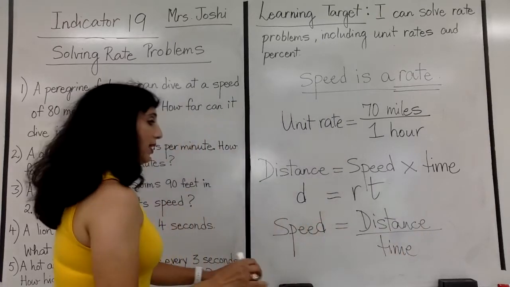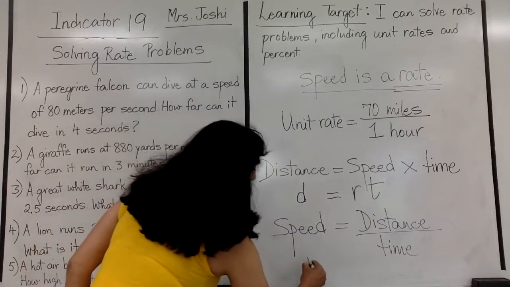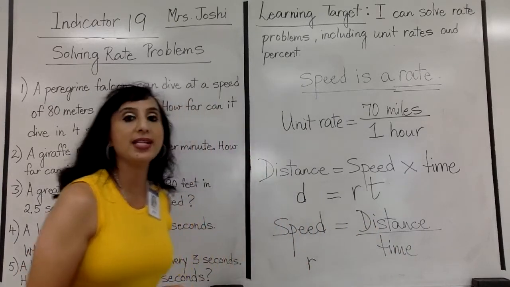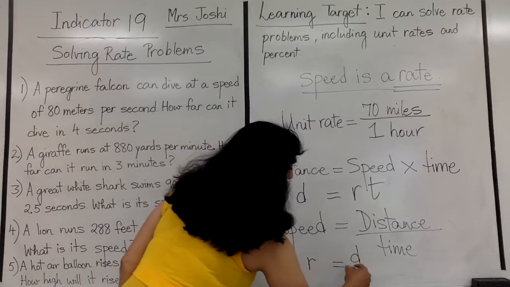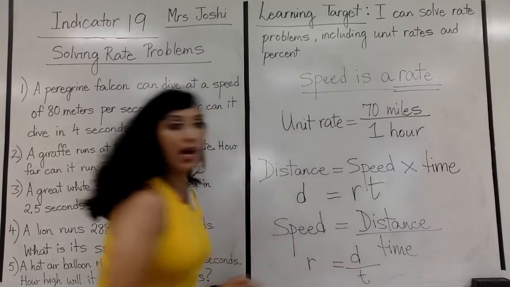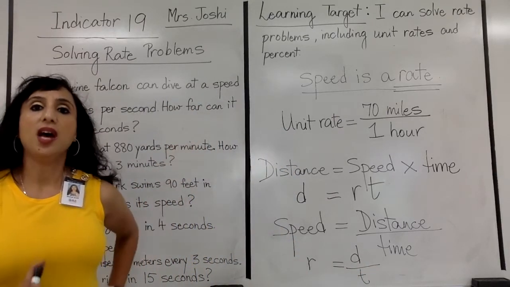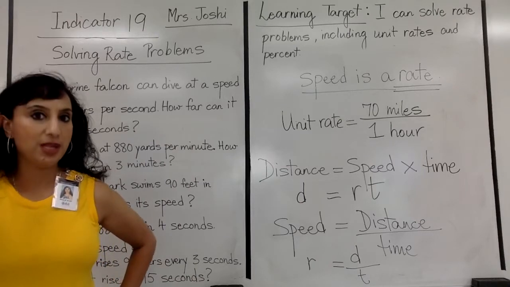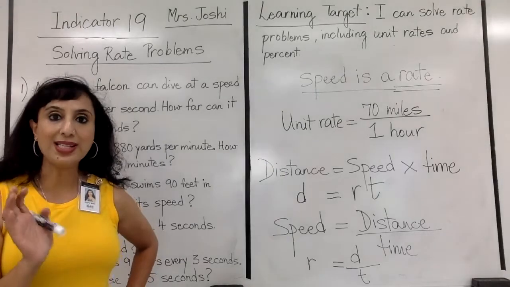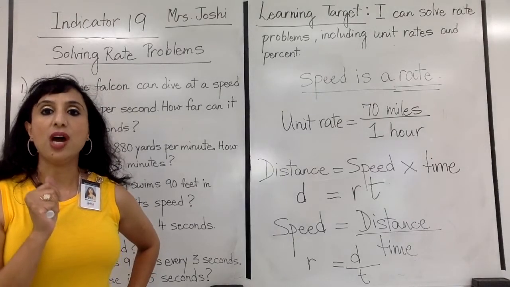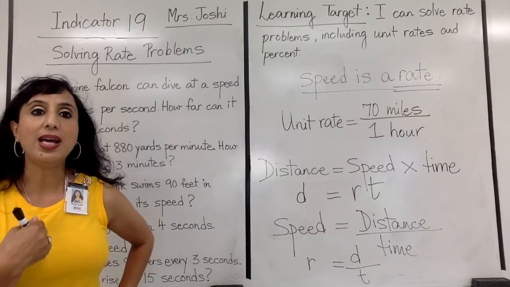So I would say speed, which we always write as an R because it's a rate, is equal to D, which is distance, divided by time. These are the two formulas you have got to know. Remember, speed is a rate because you are comparing two quantities with different units, distance is equal to RT, and speed is distance divided by time.